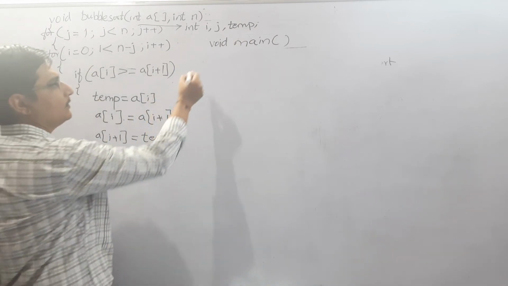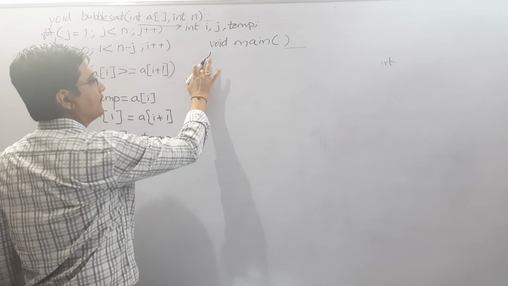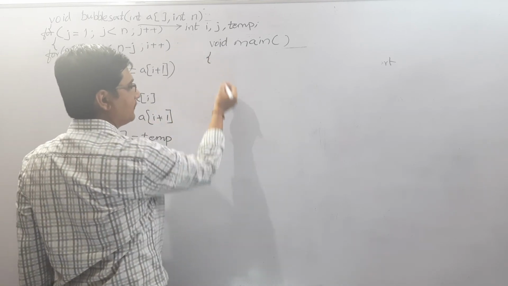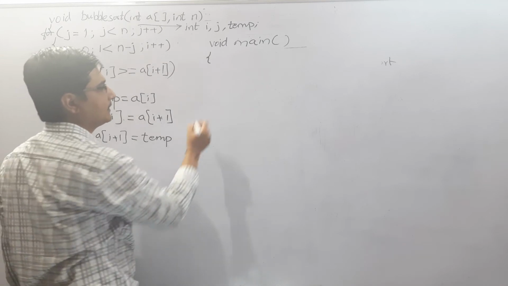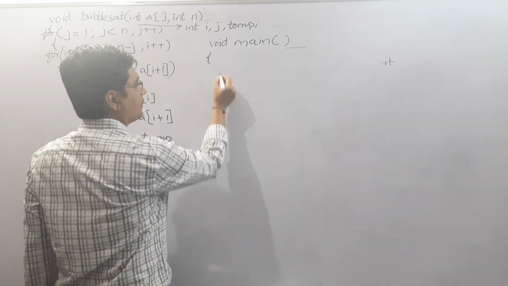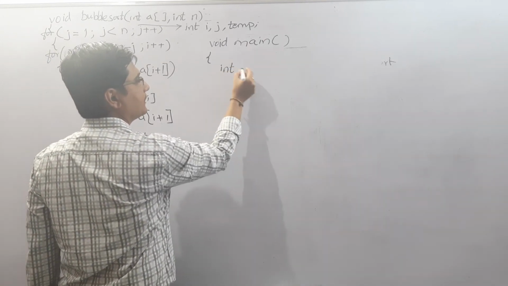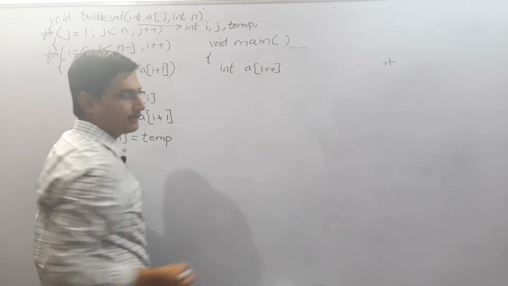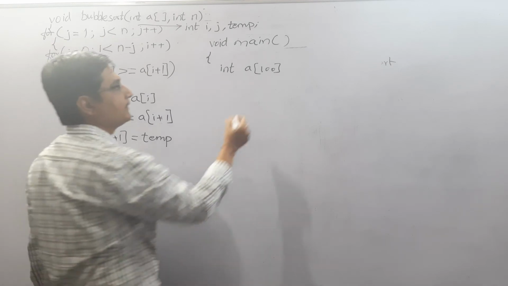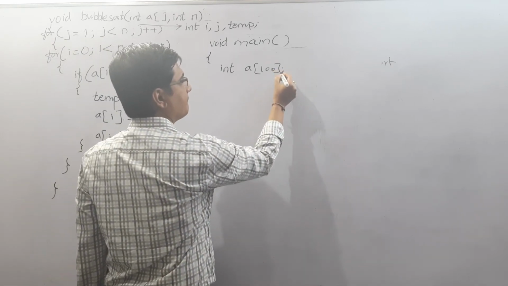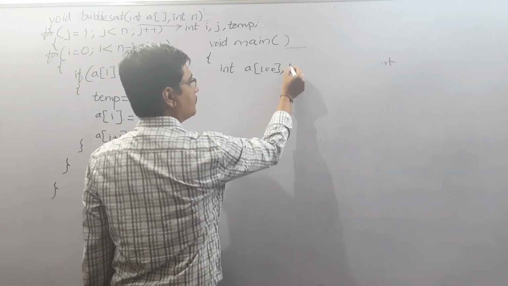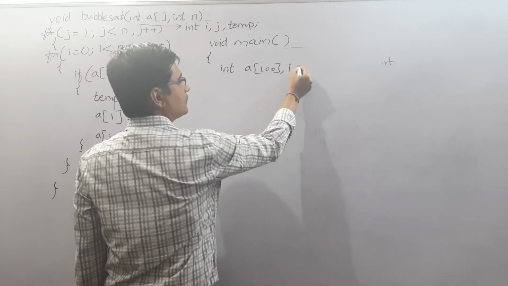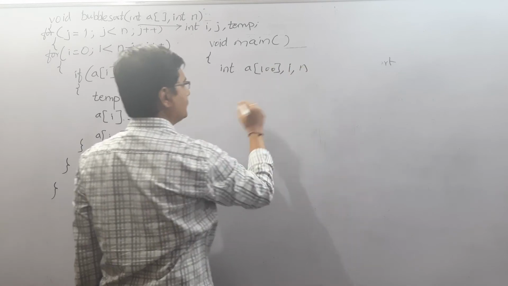Right. Now in main function, we will come to the declaration part later. Say int a of 100 elements, whatever number of elements you want you can take, a of 100. Then I need a variable I, then the number of elements in the array n.